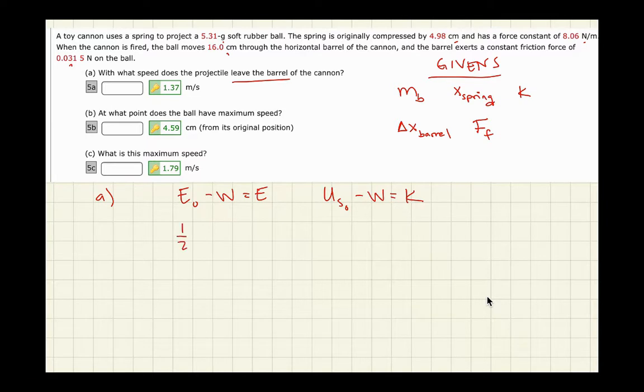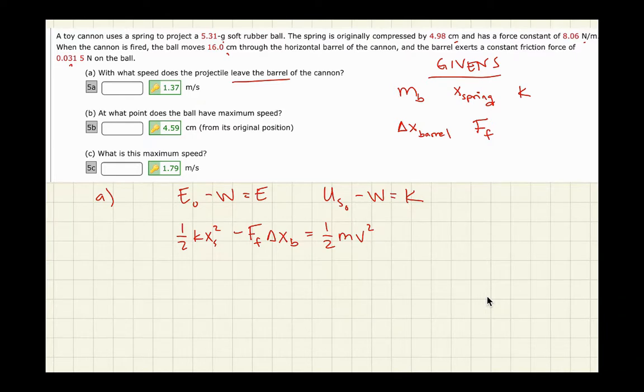So 1/2 kx squared, that's x of the spring, minus the force of friction times delta x of the barrel equals 1/2 mv squared, leaving the barrel. Solve that for v.